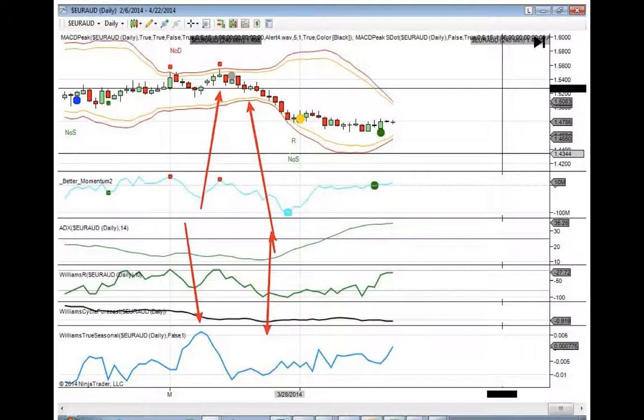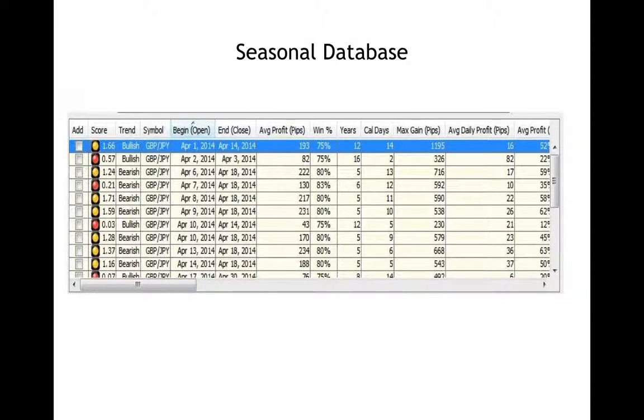The beauty of this is that you'll have this information weeks and months ahead of time. In addition to the Williams True Seasonal indicator, I also use a seasonal database. Whereas the true seasonal is good for telling the trend, the seasonal database is good for telling you what happens day to day in a Forex pair.